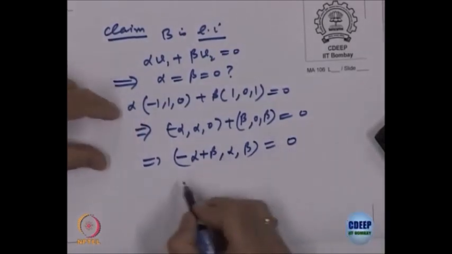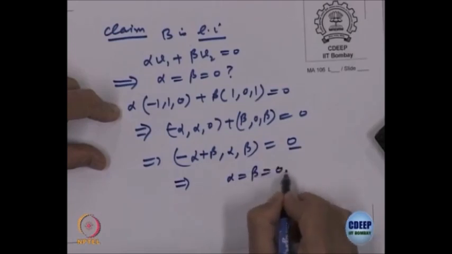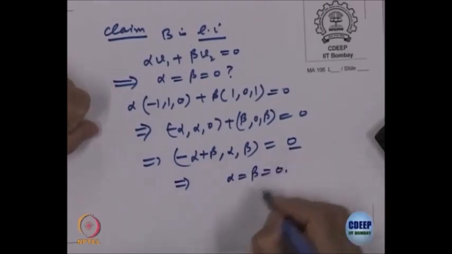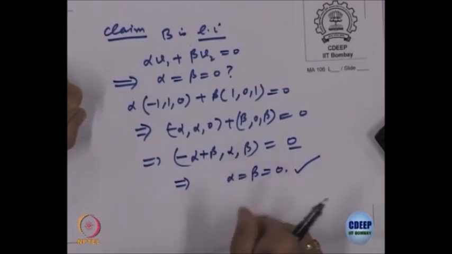So, that clearly implies that alpha equal to beta equal to 0. So, linear independence holds.